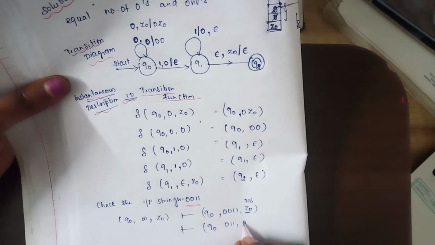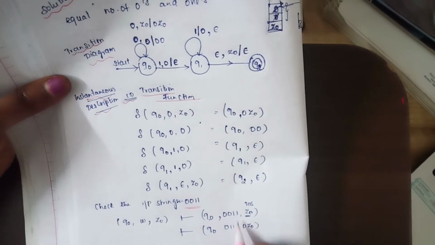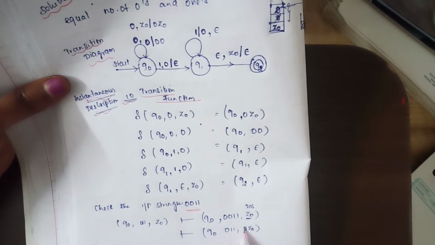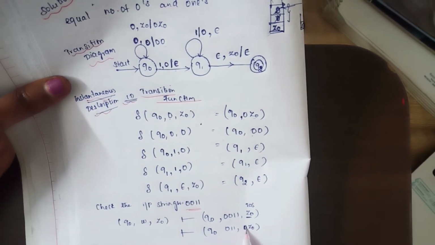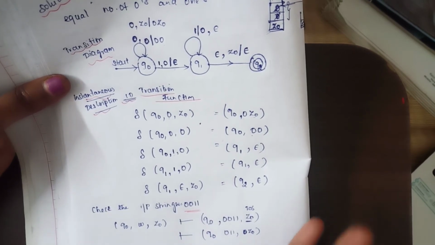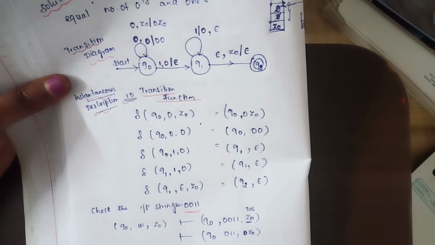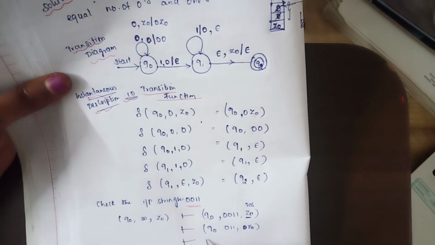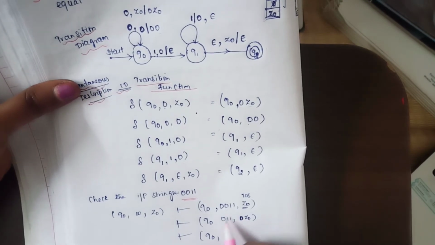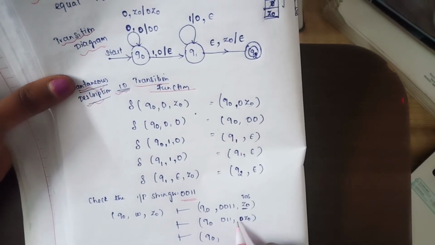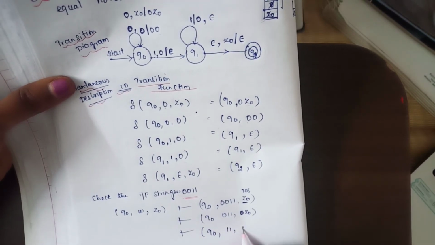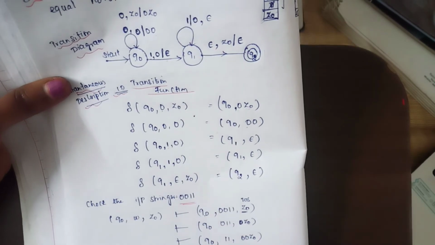Now 0 will be on the top of the stack, and z0 below it. After that we'll have q0 again, when you give 0, the second input is also 0. Now you will get 0 0 z0.